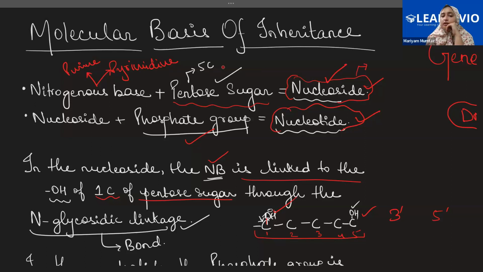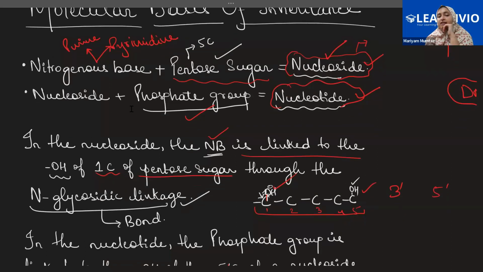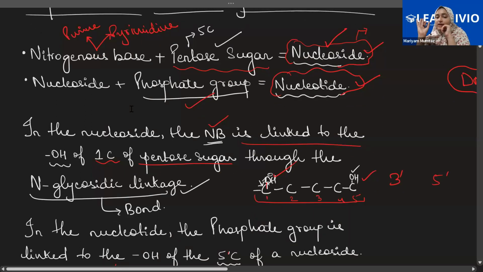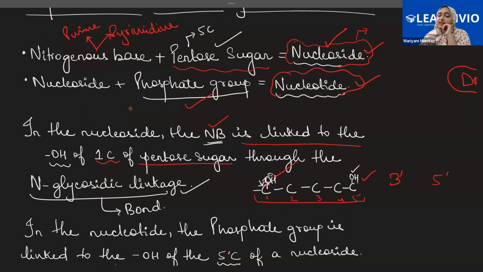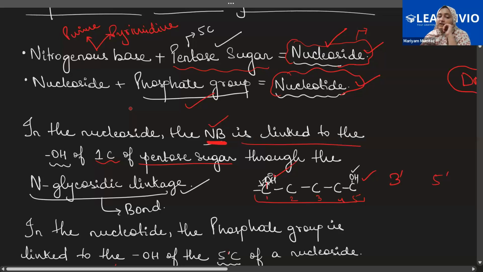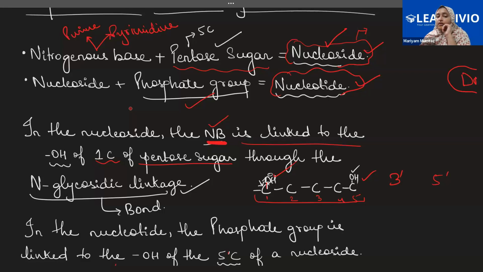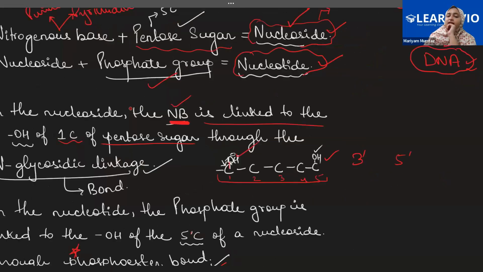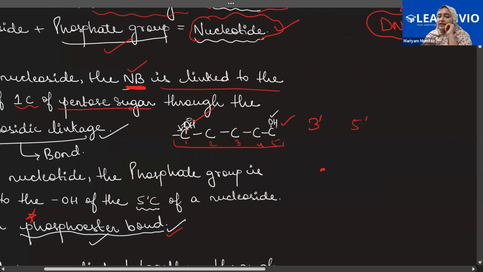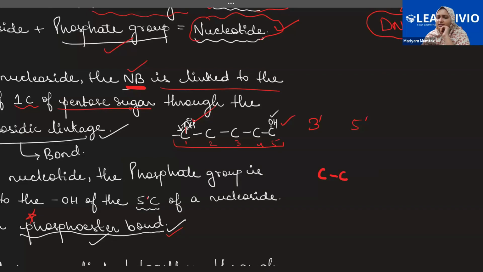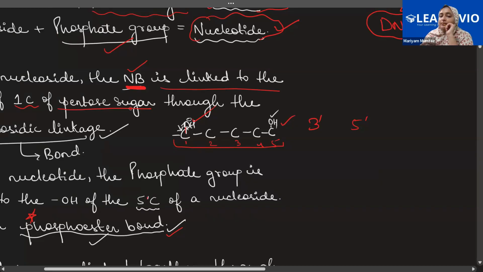In the nucleoside, where nitrogenous bases and pentose sugars are present, the nitrogenous base is linked to the hydroxyl group, the OH group, of the first carbon of the pentose sugar. We number the carbons 1, 2, 3, 4 and 5, as you studied in nomenclature of compounds.